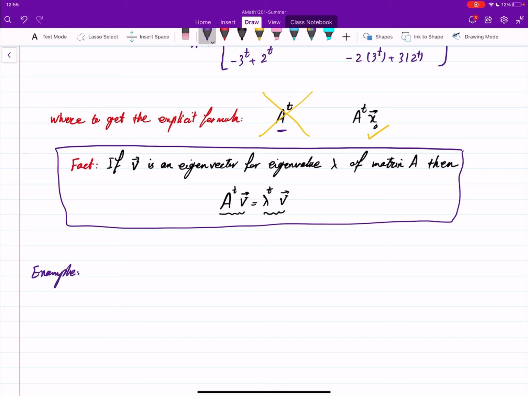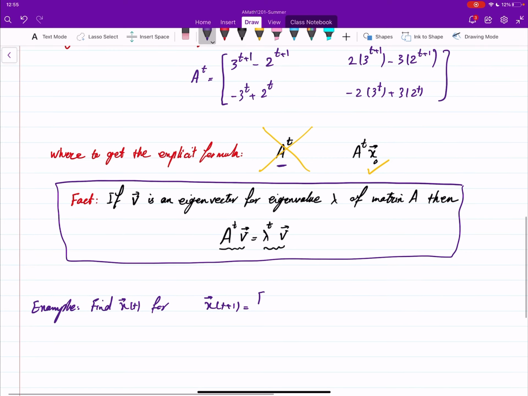Let's see how we can use that trick in an example. Find an explicit formula for x_t for which we have this recursion formula: x at t plus 1 is a matrix times x_t, where that matrix is 5, 6, negative 1, 0, the matrix from the previous example, times x at t.